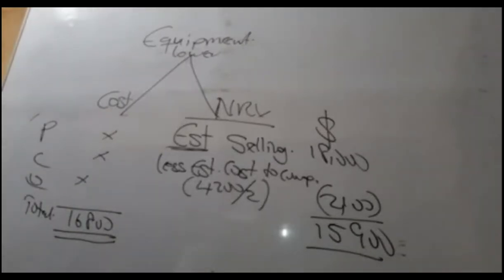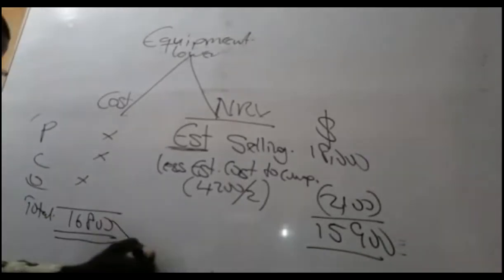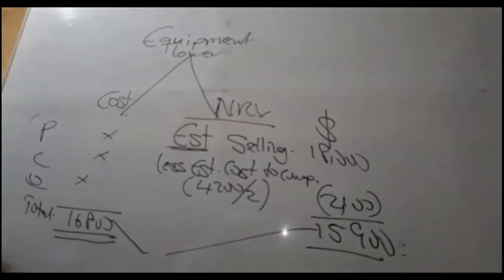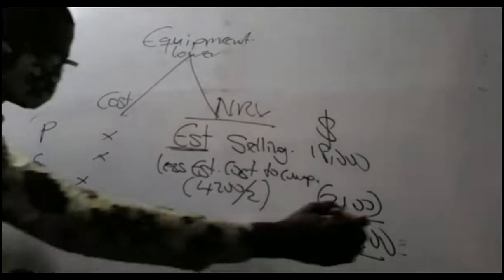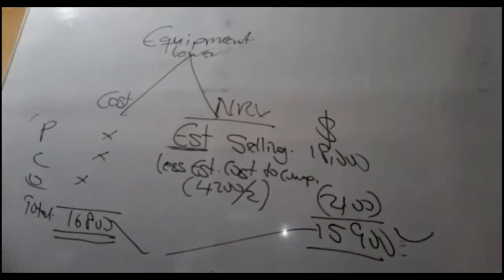Compare these two and choose the lowest one. You have to select one. 15,900. So the value of these goods must be 15,900. That is it.